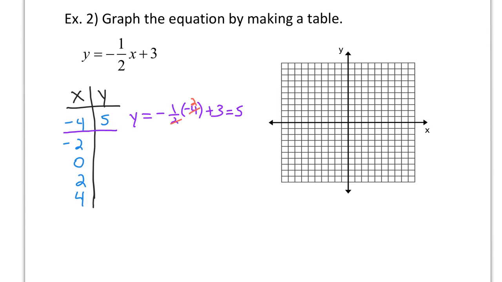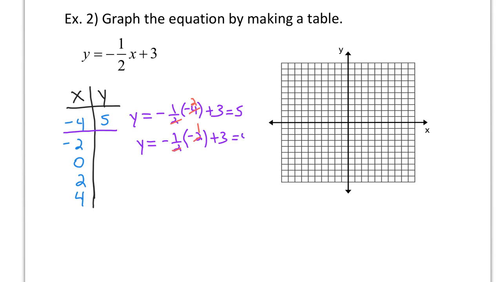I'll do the second one to show you the process again. So I have the -1/2, that's the function, and I'm going to substitute the -2 into the x. So I'm going to multiply by -2 here and +3. You can cross simplify. 2 goes into 2 one time. Careful with the signs again. -1 times -1, that's +1, plus 3 will be 4.